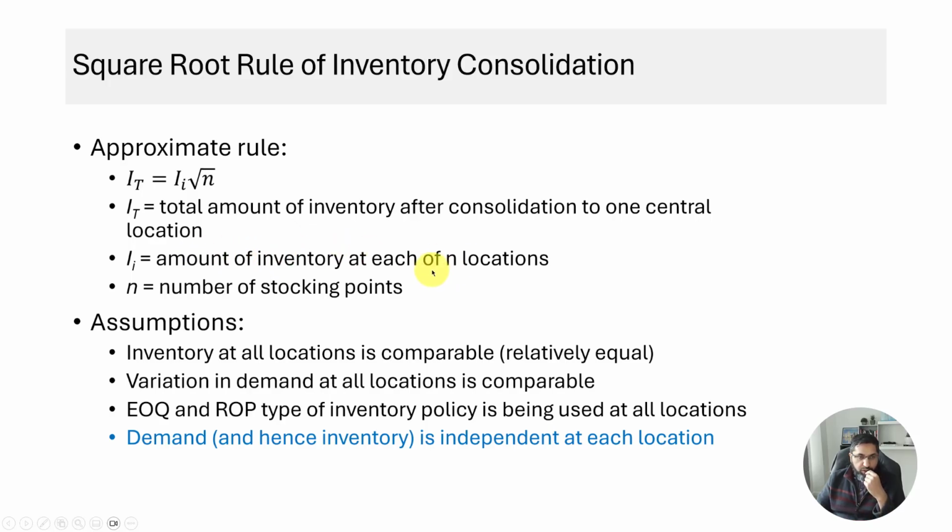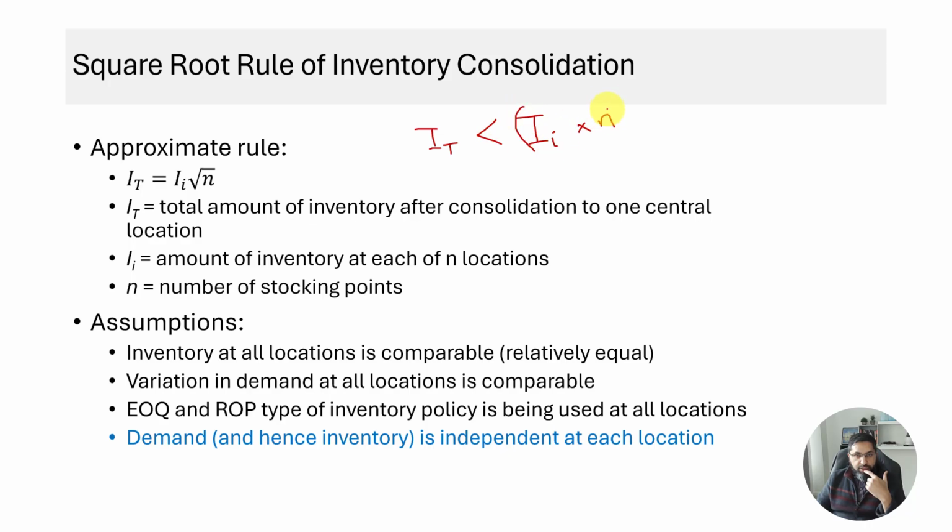And N is the number of locations. If you have inventory in N locations, each with on average I_i inventory, and you consolidate these N inventory points into one central location, the central location will have an inventory of I_T. The point to notice is that I_T is less than I_i multiplied by N.